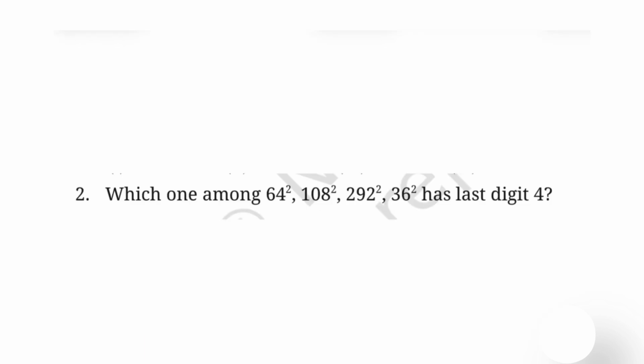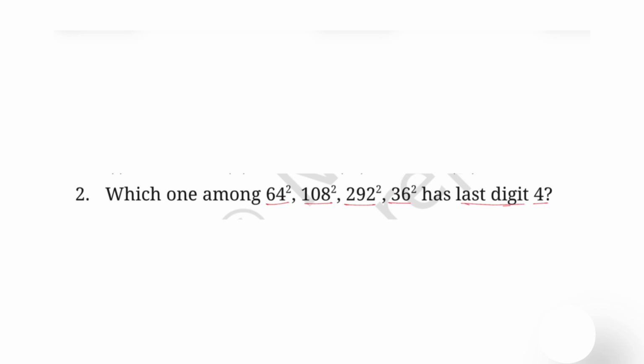Question number 2 is, which one among 64 square, 108 square, 292 square, 36 square has last digit 4? This means if we will find out squares of these numbers, in which case the last digit or the unit place will have digit 4.